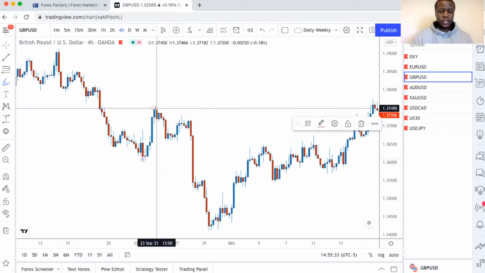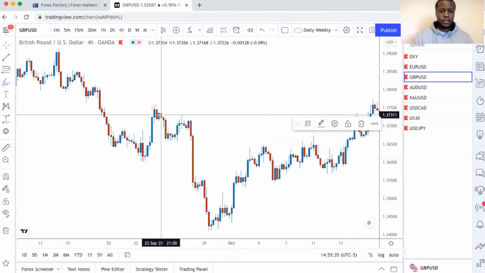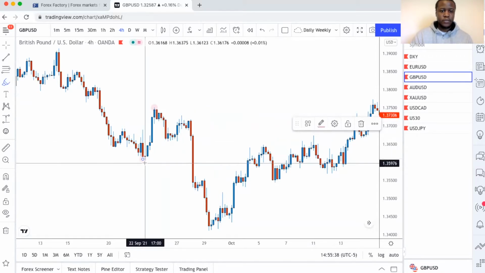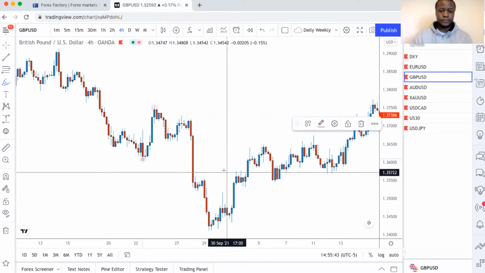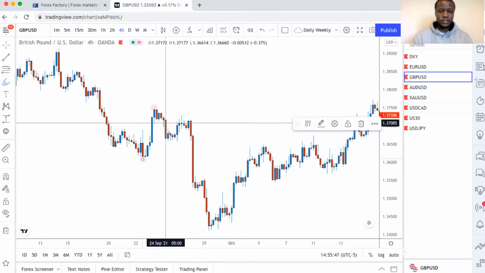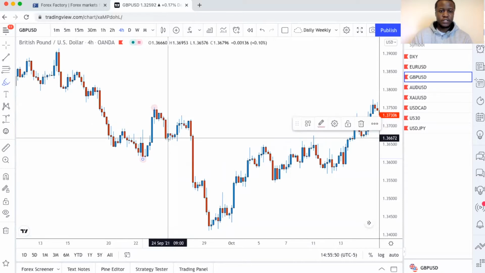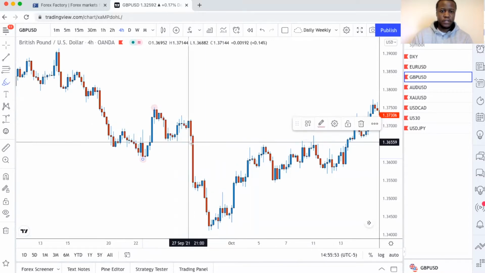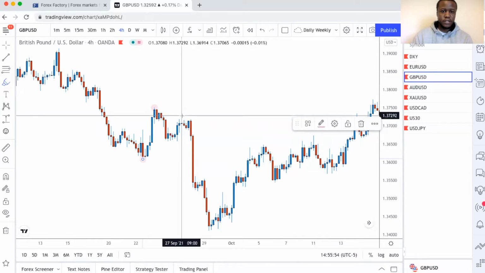So once you enter right here, once this candle is formed or on the pullback, wait for it to take out the swing low. Then you can exit your trade right there. And if you miss this whole move, once again, you could just wait for it over here. You can enter right here.